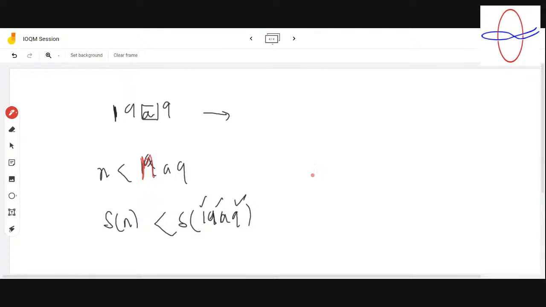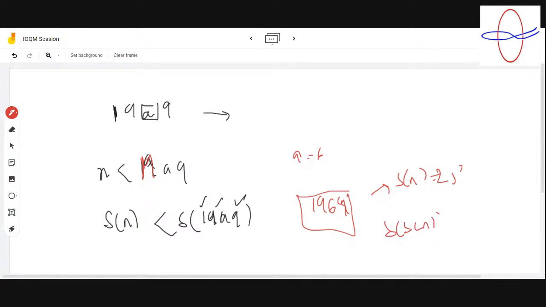So now let's take A equal to 6 and look at 1969. If you do 1969, S of n will be 9 plus 9, 18, plus 1, 19, plus 6, 25, okay? And the sum will be 32 plus 1969. That is 2001, right?